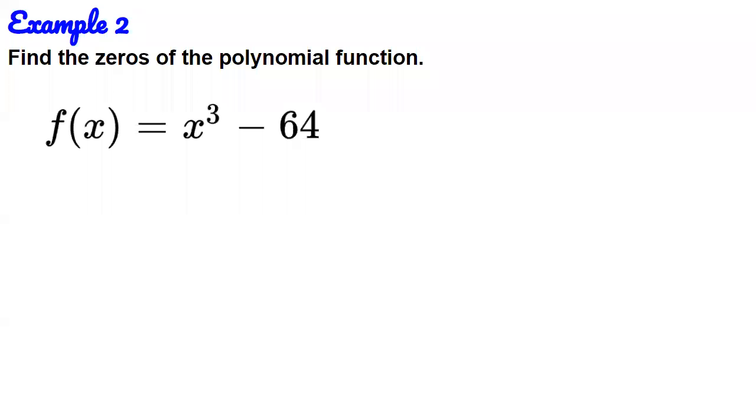Go ahead and write this one down. Find the zeros of the polynomial function. This time we have f of x equals x to the power of 3 minus 64. We look at each term. This one has x to the power of 3. This one doesn't have an x value, but I noticed that 64 can be written differently.